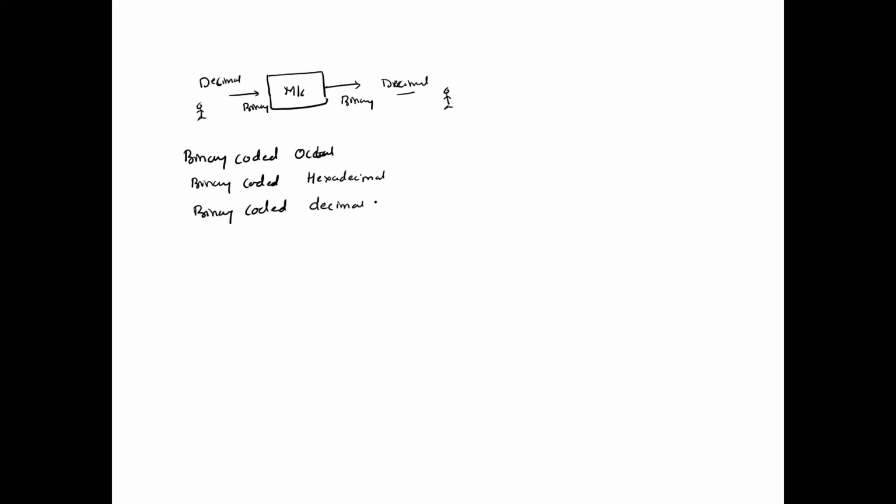Now this binary coded decimal will be used by the programmers or by human beings, right? And in short, we call it BCD. Similarly, we have binary coded hexadecimal and binary coded octal, right? Now binary is understood by the machine, and these number systems are understood by the human being, that is octal, hexadecimal, and decimal.